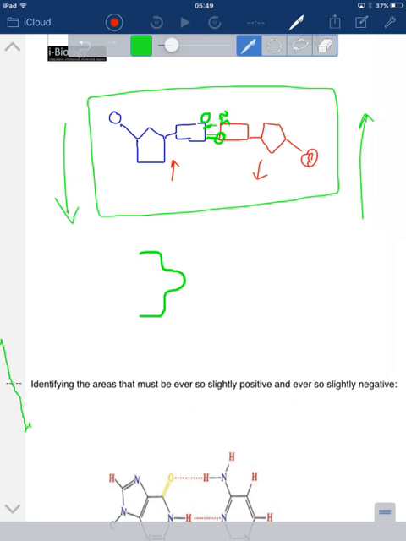Imagine that was a jigsaw, and we know that would fit in to that. And so the purines and the pyrimidines are able to fit in with each other due to the fact that hydrogen bonds can form between the oxygens and hydrogens or the nitrogens and hydrogens.